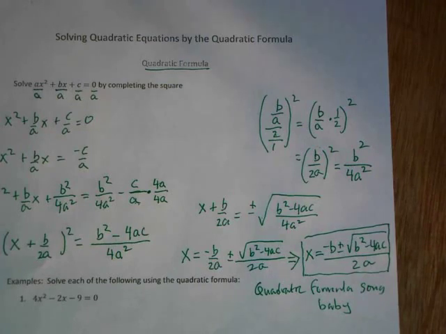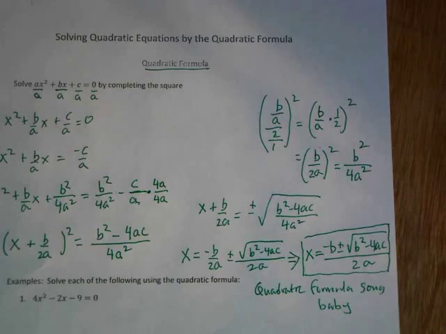You listen to it and the song is so annoying that it just kind of drills into your head and you will memorize the quadratic formula. If you don't want to do that, that's fine. I understand that's kind of goofy. As you use it, write it down every single time. And just by writing it down over and over again, you'll probably memorize it.